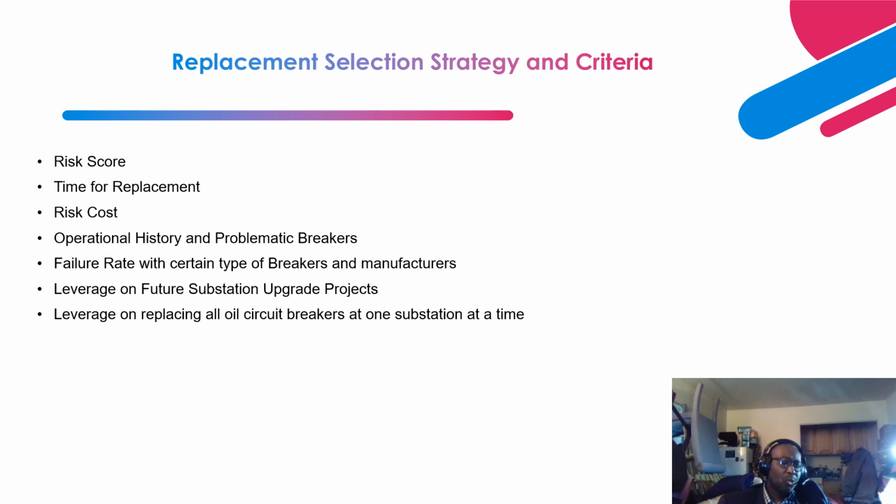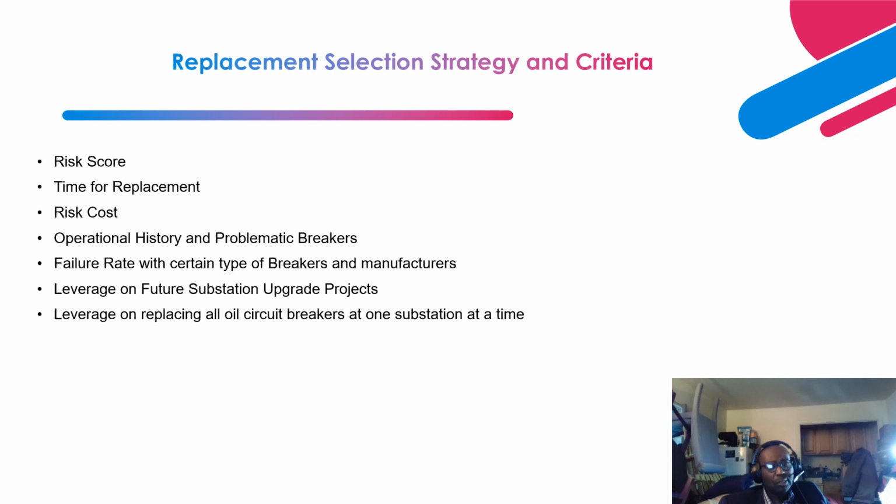Then you also want to leverage that some of these substations have been built many decades ago, ranging from 40, 50, 60, 70 years, and a lot of them are going through full substation upgrade and replacement. So the oil circuit breakers at a particular substation are going to be replaced based on capital replacement, right?